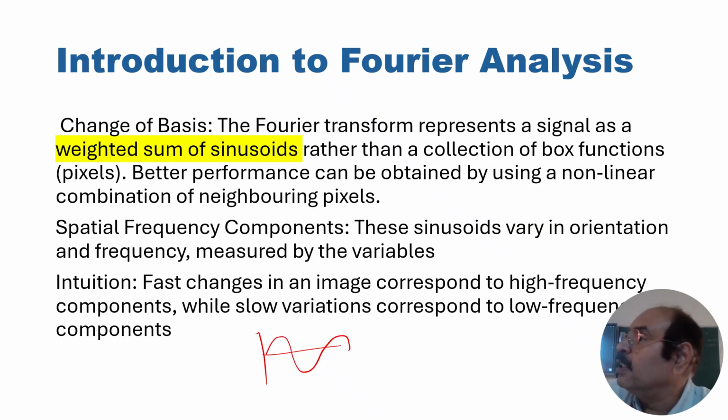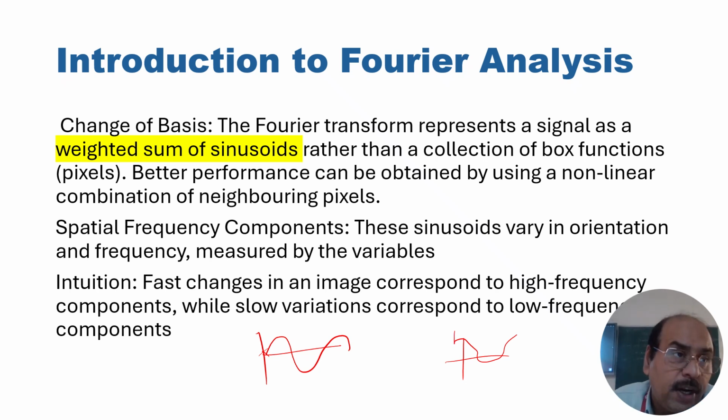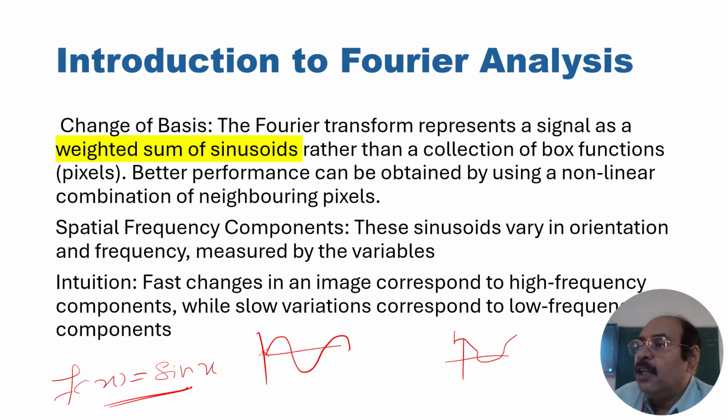This is a sinusoid function, and when it begins from 0, sine 0 is 0, so we call it a sine. If it begins with cosine, it looks like this, the other way around. That means here it begins from 1. So f of x is equal to sine x, a function of sine.